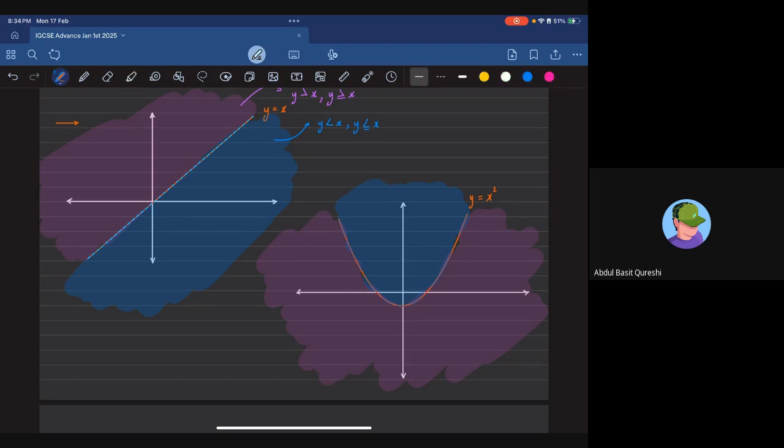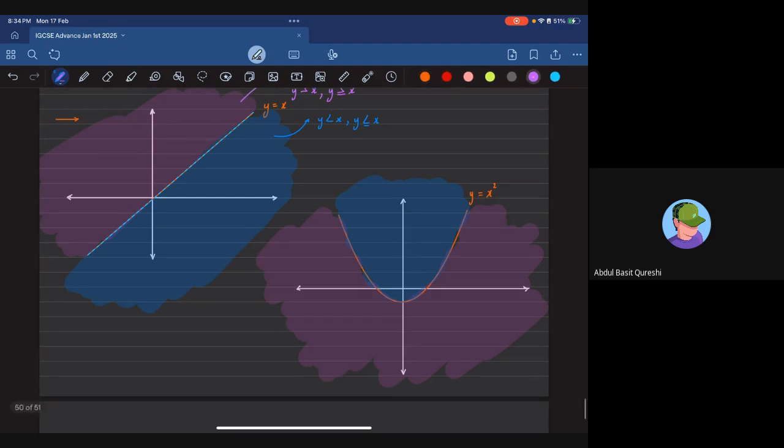Actually, I think I shaded the opposite way around. Okay, but what can we do? This region is going to indicate y is less than or equal to, or y is going to be less than x. Whereas this region is going to indicate y is greater than or equal to.